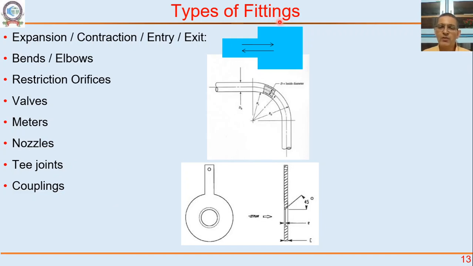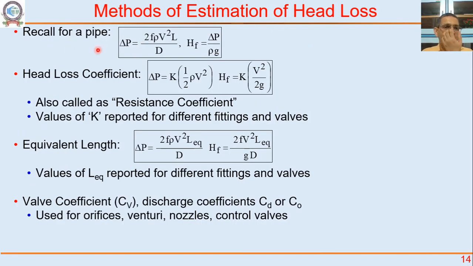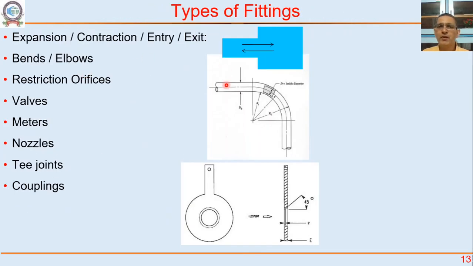Now these pipe fittings cause additional frictional head loss over and above what is there for a straight pipe. If you recall, for a pipe we have HF as delta P by rho G. Now we define a head loss coefficient for a fitting in the same way, based on how much pressure drop it causes. If I measure the pressure difference between this point and this point, with P1 here and P2 here and flow going along this direction, P1 minus P2 is the pressure drop caused by this bend.